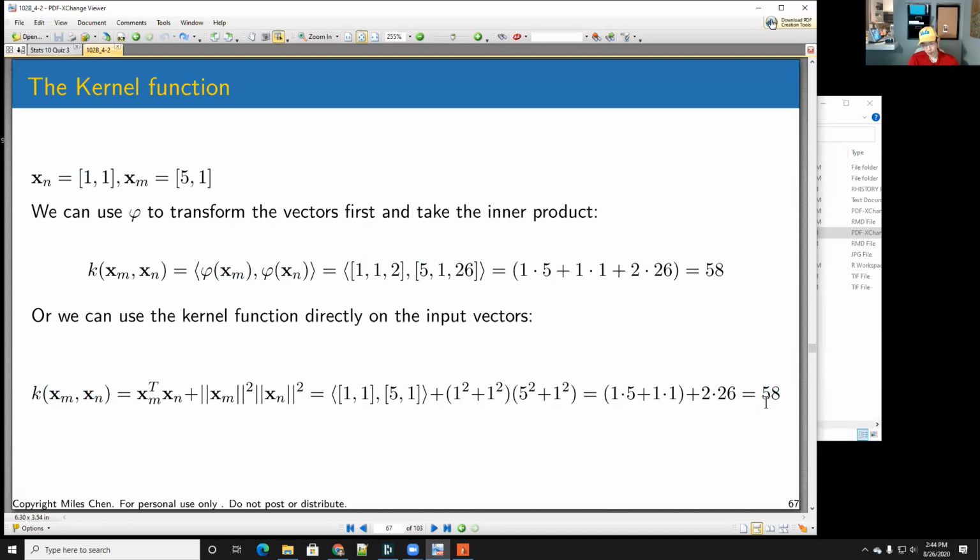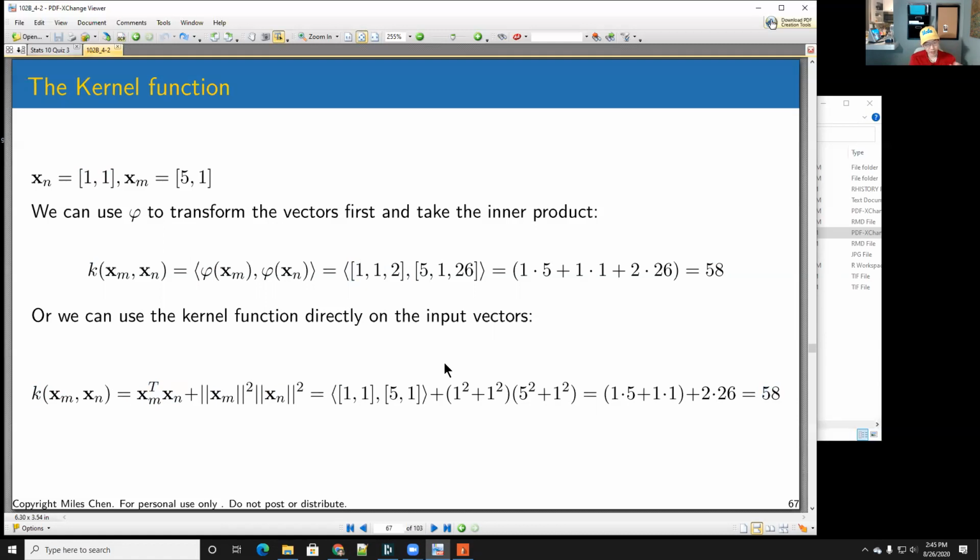I do this to show you the idea behind a kernel function: a kernel function has a corresponding phi transformation function, and you apply phi to the 2-dimensional vectors and take the dot product of the resulting transformed vectors. When you do, you get a scalar output, and that's our answer. Or you can just apply the kernel function, which in this case produces the same scalar value, and you don't actually have to do the transformations.